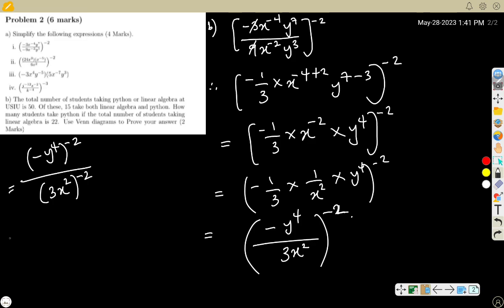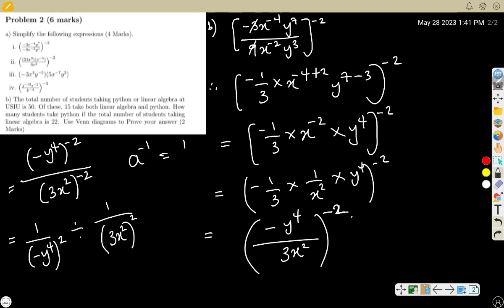So this will become 1 over minus y raised to power 4 square divided by 1 over 3s square. So meaning this power a raised to power minus 1, remember, is 1 over a.